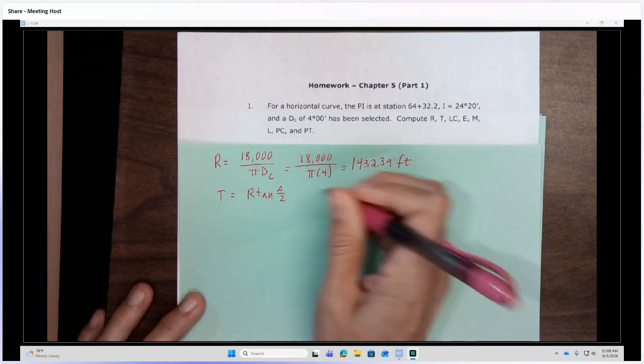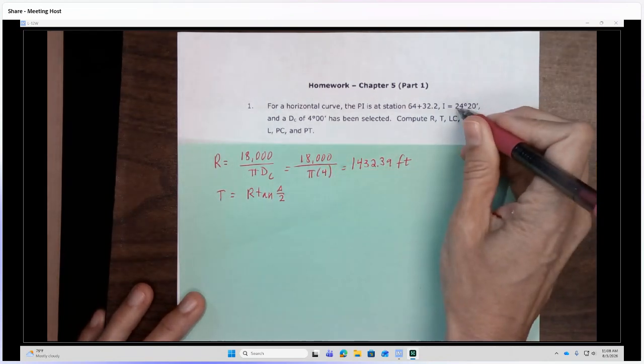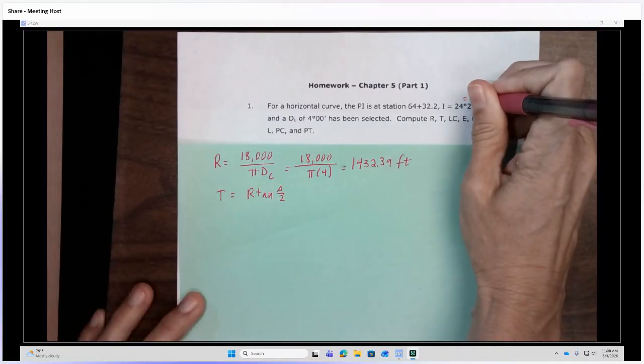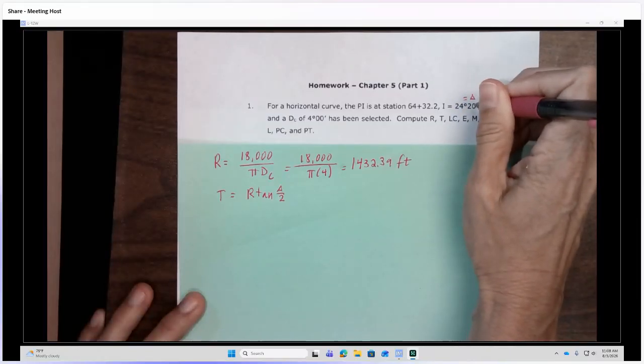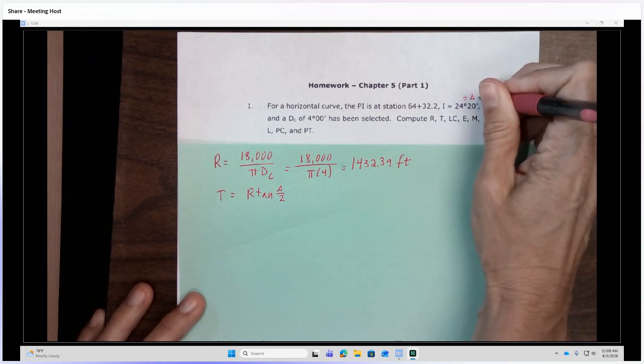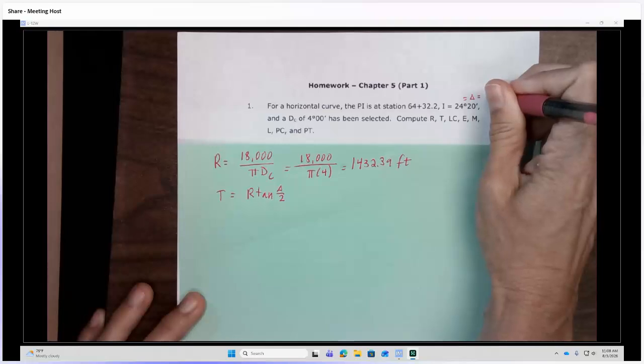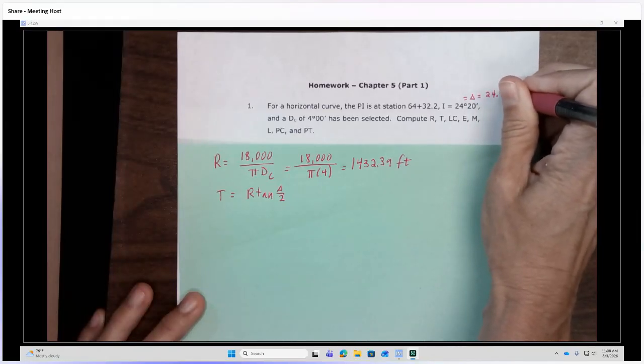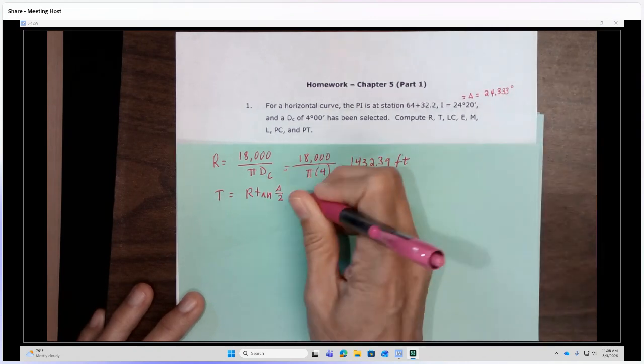And then to find the tangent, we'll take that radius and multiply it by the tangent of delta over 2. We know the I here, I is delta. And so we can do that conversion from degrees, minutes, seconds into decimal degrees. So that comes out to be 24 and a third, 0.333, we'll just take that out 3 decimal places, degrees.